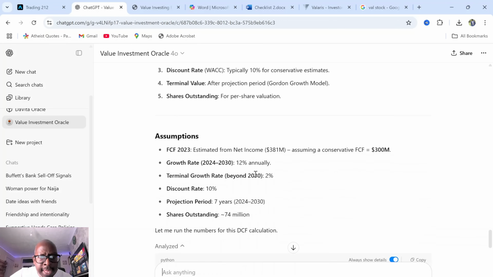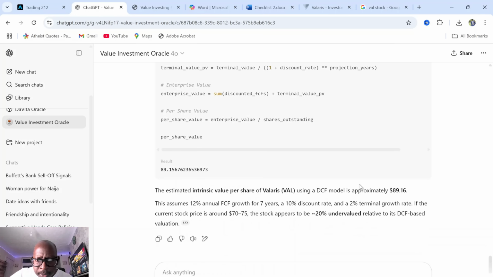So the DCF value is approximately 89. This assumes 12% annual cash flow growth for 7 years, and a 10% discount rate, and a 2% terminal growth rate. So if the stock price is around 70, the stock appears to be 20% undervalued, which is okay, which is fine by me.